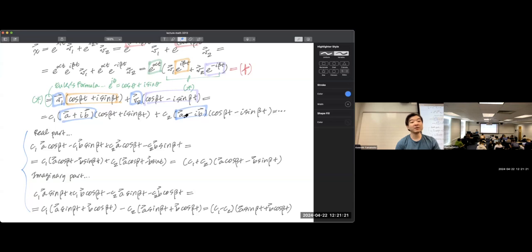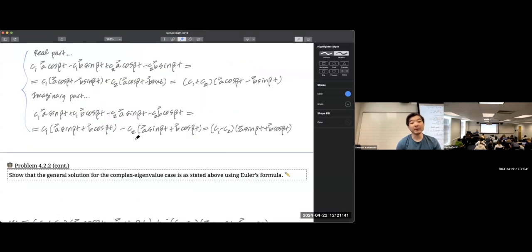And then all you do now is you have to FOIL this, because this has A plus and cosine plus. You've got to do first, outside, inside, last. And then, of course, keep in mind that when you have i vector B times i sine beta t, that becomes real, because i times i is i squared, which is -1. So keeping that in mind, you can consolidate the real part and the imaginary part.